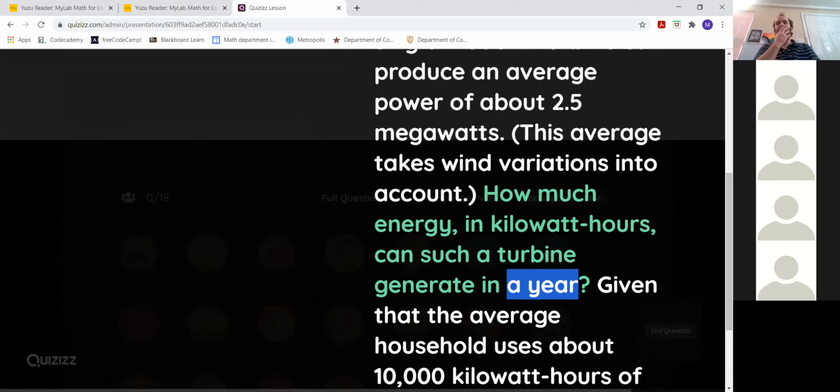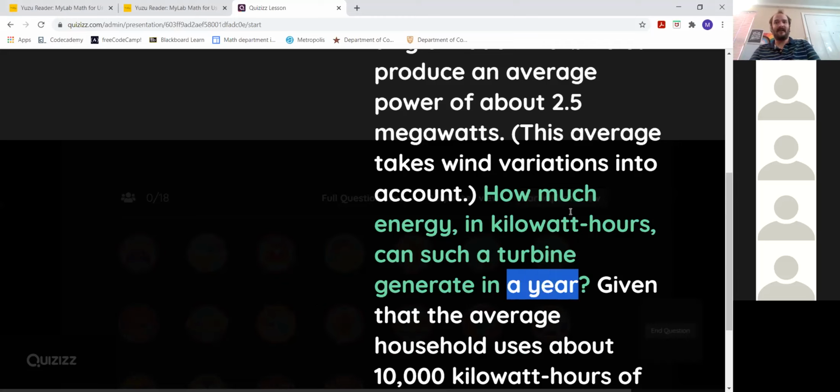what? This might be the weird thing. I think this might be the hardest question. Yeah, it is a bit weird, but it's there. We want to get to kilowatt hours, and they're giving us a year. So this is time. A year is a time measurement.